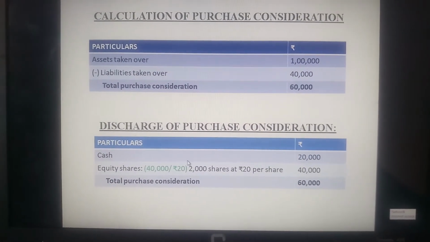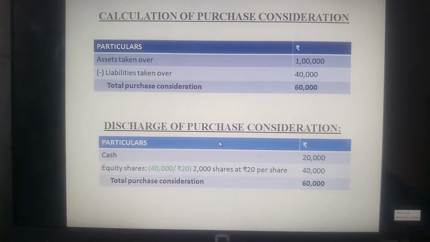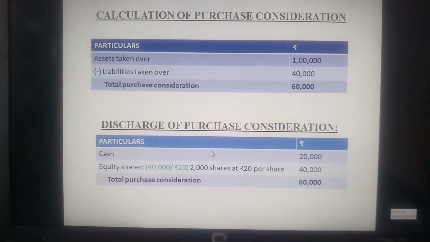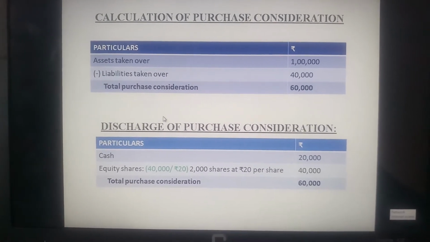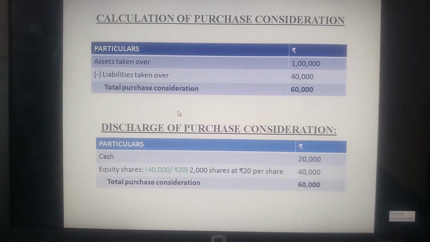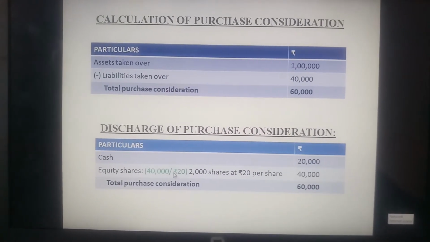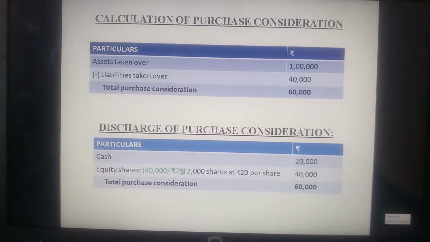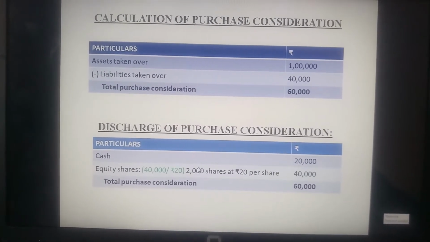Then the mode of discharge of purchase consideration: cash of rupees 20,000 is directly given in the problem itself. Then equity shares, 40,000 worth, at 10 rupees each. We can take directly 40,000 into 10, or else we calculate 40,000 divided by 20 rupees per share. So 2,000 shares will be issued.